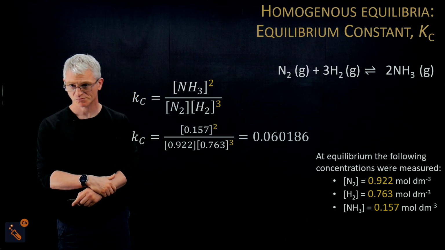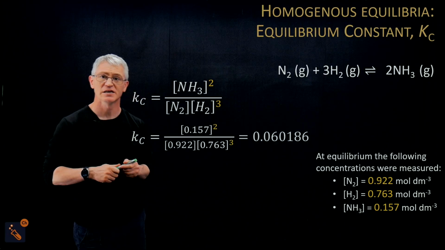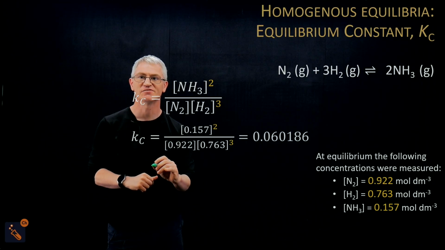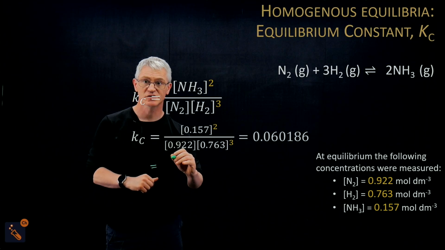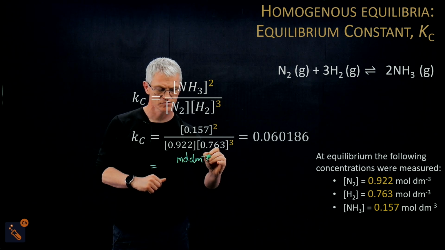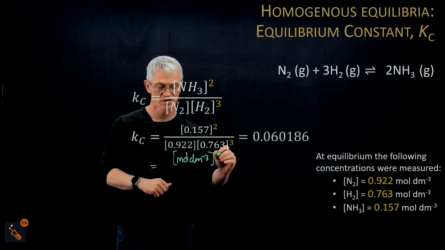Now, when it comes to units, we'll go through some units with you. Units don't really get asked in the first year, but it's really good to know, and it's not that hard. So what we do is we write out the units. The units are going to be like that, and it's squared.